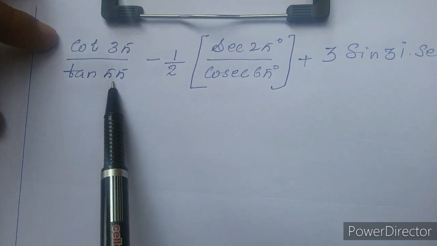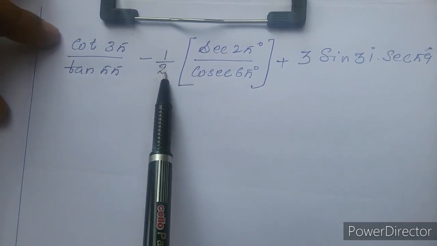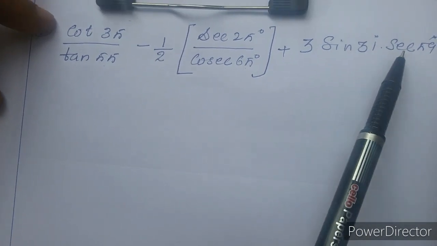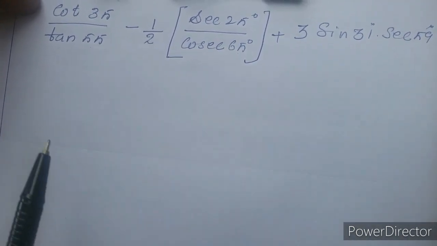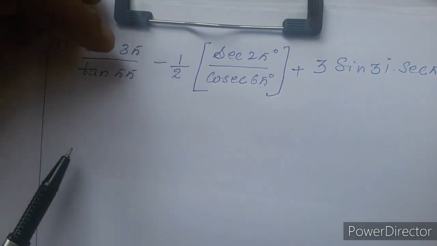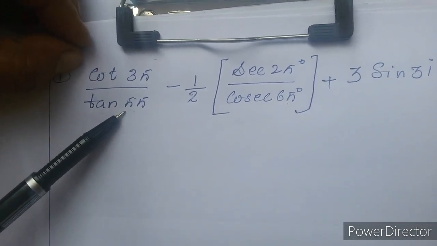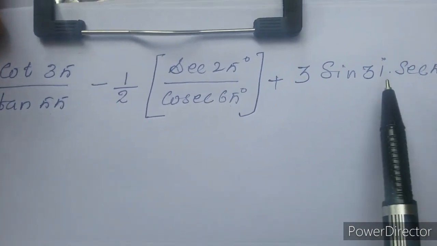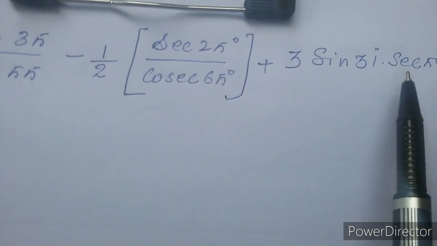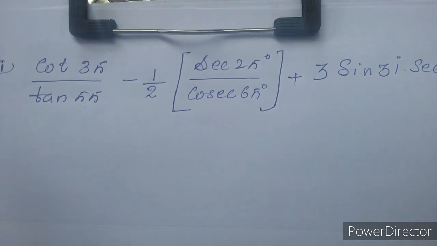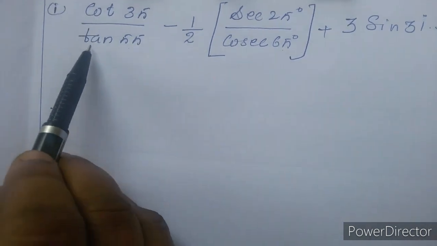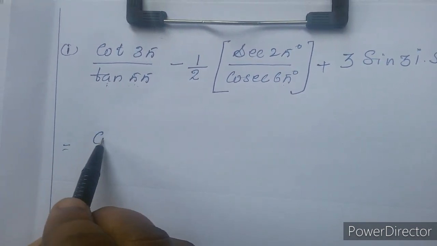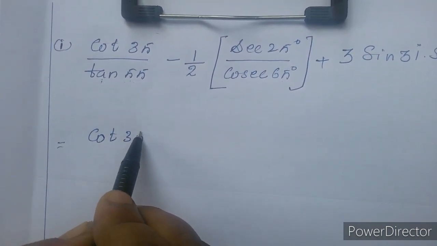Cot 35 by tan 55 minus 1 by 2 into sec 25 by cosec 65 plus 3 into sin 31 into sec 59. Just check the relation here first. 35 plus 55, that is 90. 65 plus 25, 90. 31 plus 59, 90 degrees. So this is a very simple question. We know tan 55 means tan 90 minus 35. So we are using the complementary angles relation.